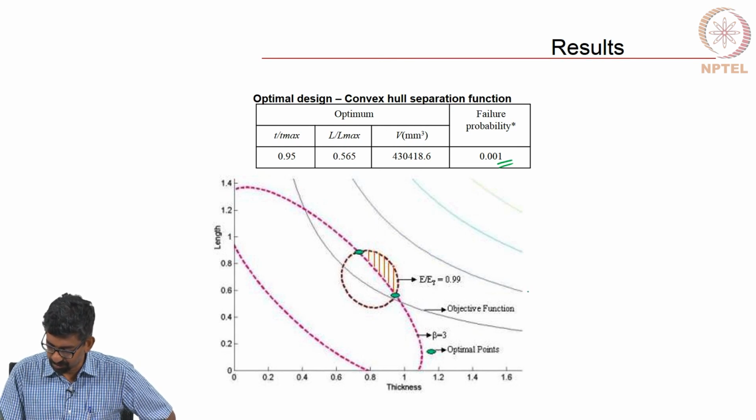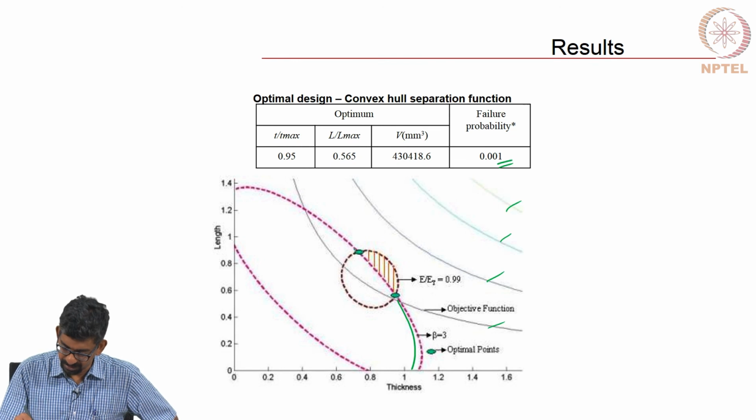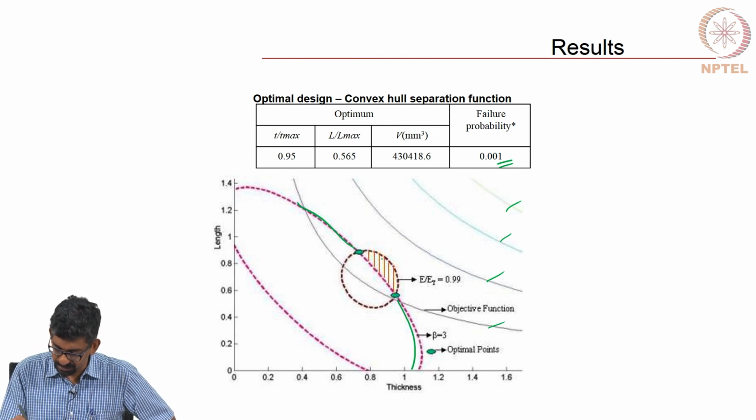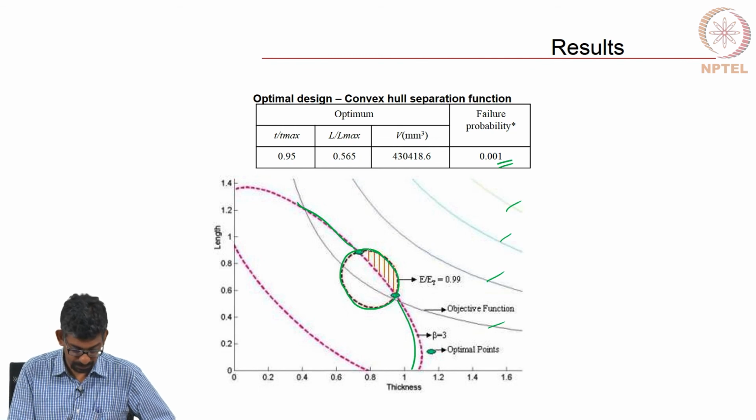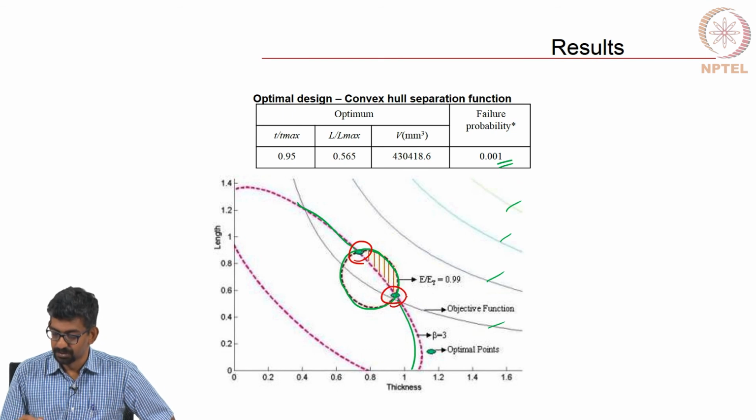This is our W times T, I guess, the objective function. This is the failure curve for the reliability. I should have used a different curve. So, this is the energy curve that we are talking about.